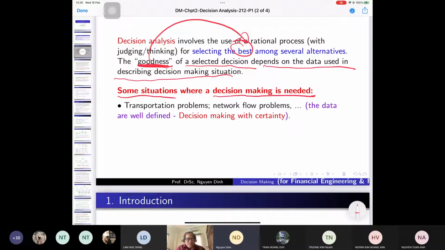So it is up to you. You are at your family, and you need to make a decision: when will we come back to Ho Chi Minh City? That is a case where we need to make a decision.